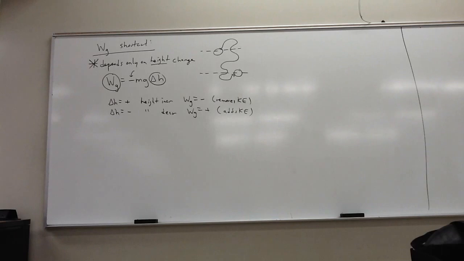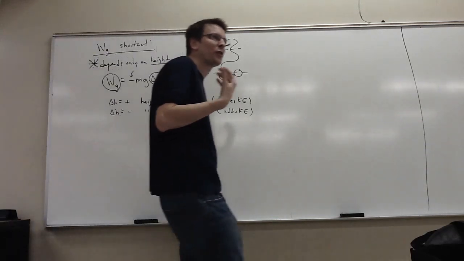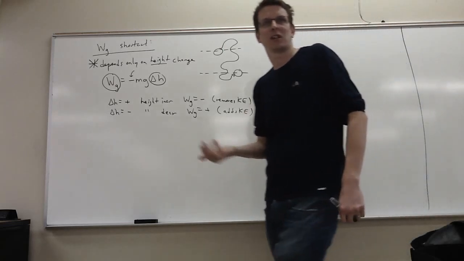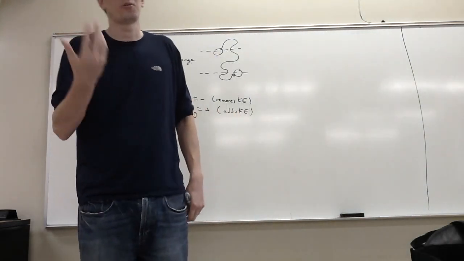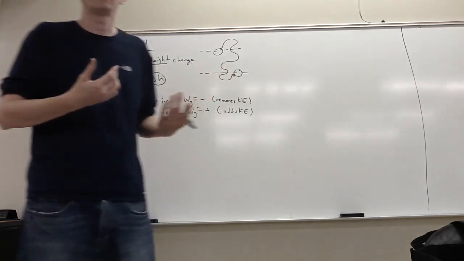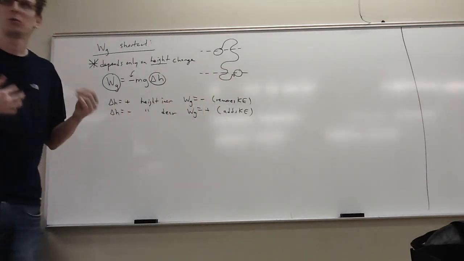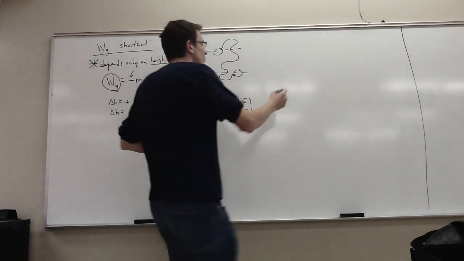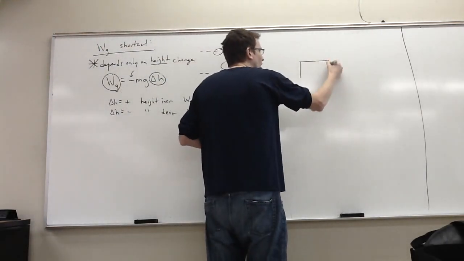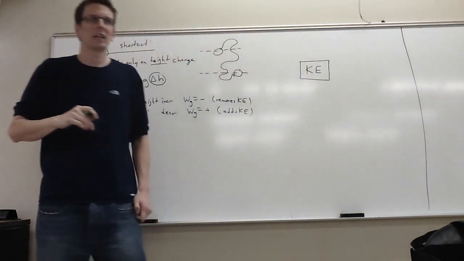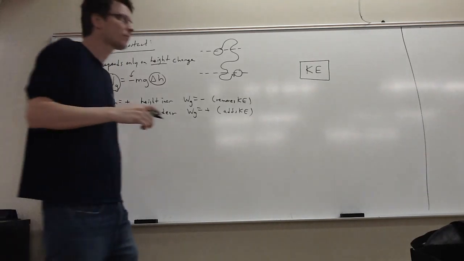Now, rather than just keep it as a shortcut and continue with the work method the way we talked about it last lecture, and it's on your homework as well, I want to take this opportunity and use this shortcut as a launching pad for retooling the whole method. So the work method is basically, we think of there as being a kinetic energy bank account.